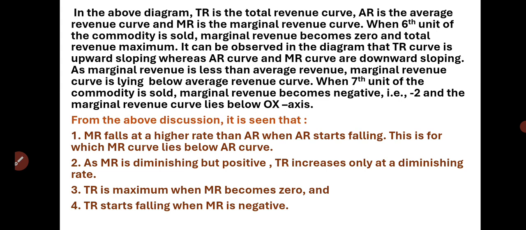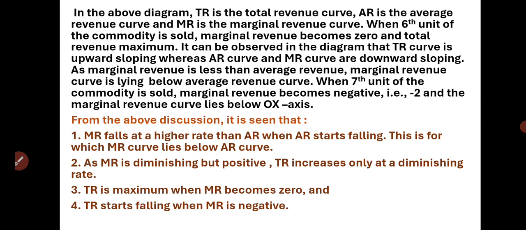It can be observed in the diagram that the TR curve, the total revenue curve, is upward sloping, whereas the average revenue curve and marginal revenue curve are downward sloping, right? As marginal revenue is less than average revenue, the marginal revenue curve is lying below the average revenue curve.